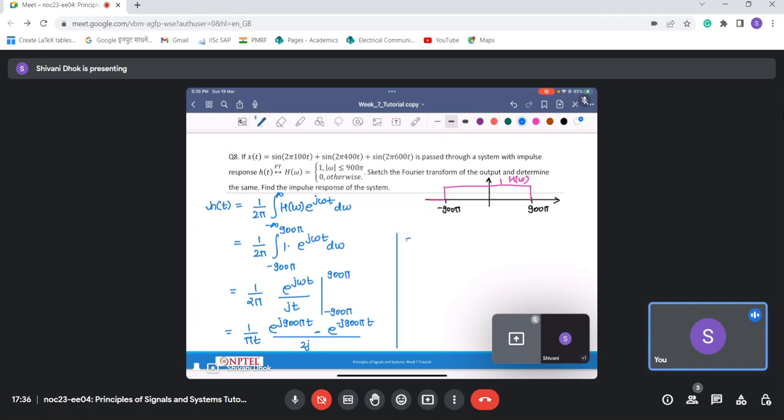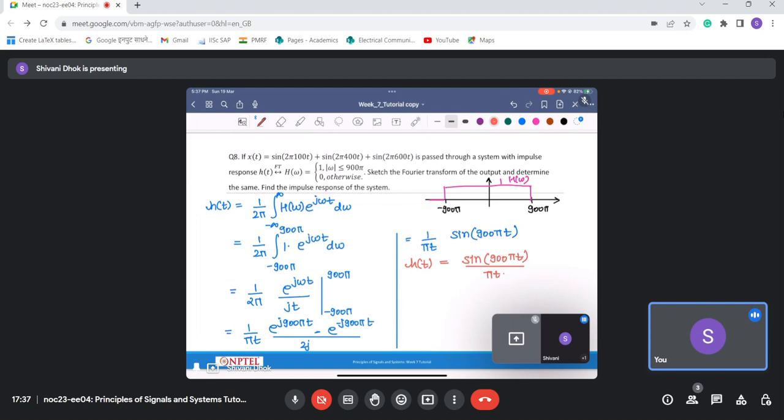So this is equal to 1 upon pi t times sine of 900 pi t. So this impulse response h of t is equal to sine of 900 pi t upon pi t.